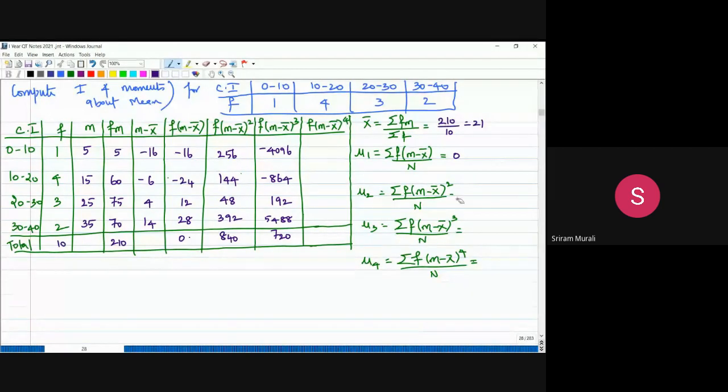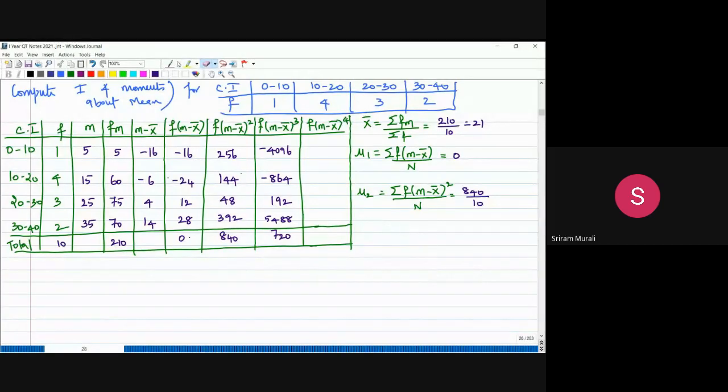So this is equal to how much? 840 divided by 10. So mu3 is equal to sigma f into m minus x bar the whole cube by n. Mu4 is sigma f into m minus x bar the whole power 4 by n.